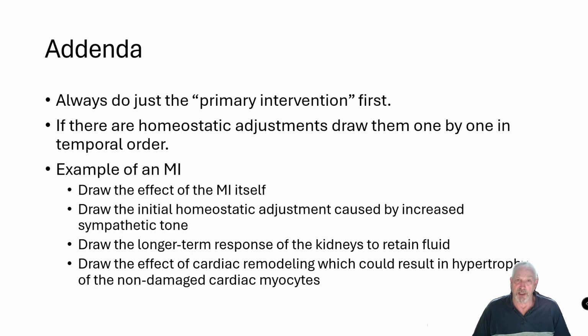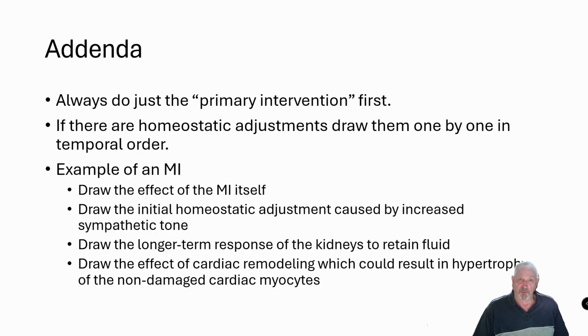It wouldn't affect the blood vessels, but it would cause a decrease in the cardiac function, like a hypoeffective heart. But then you could go about one by one drawing the subsequent adjustments. So you might then get an increase in sympathetic tone. We looked a little bit about how that might affect things from where you are.